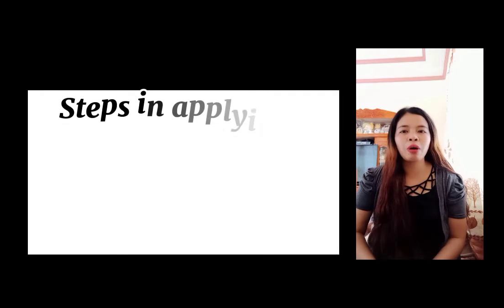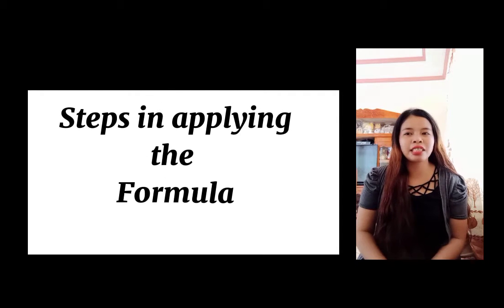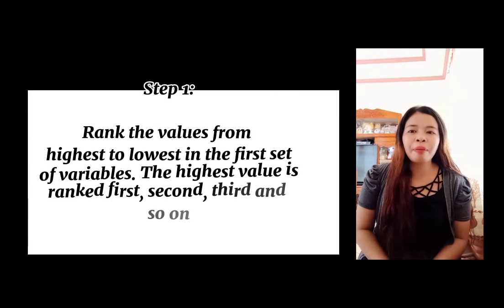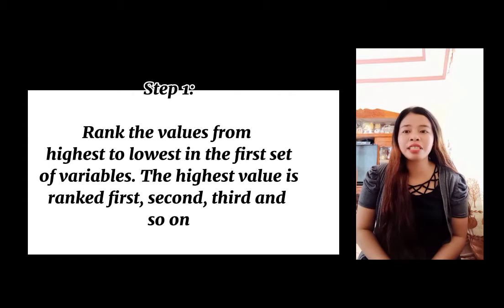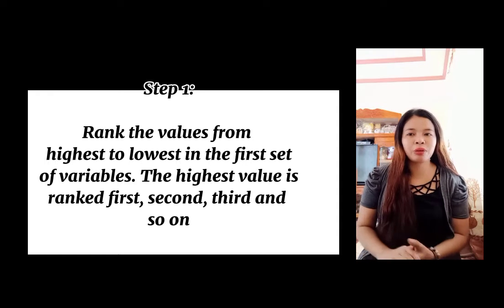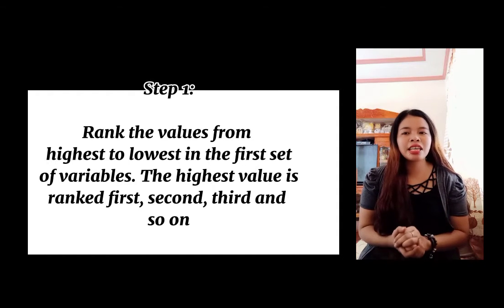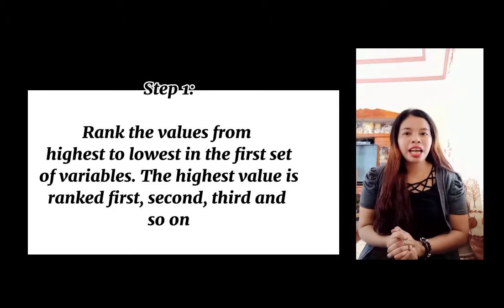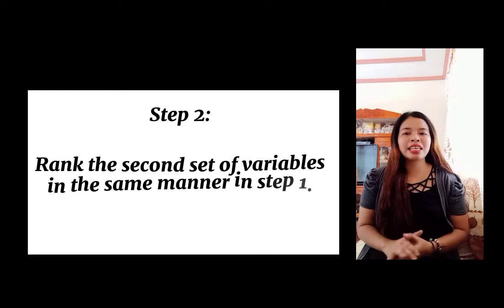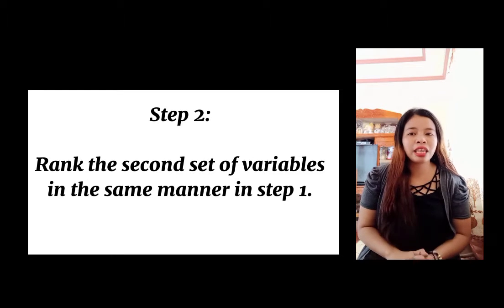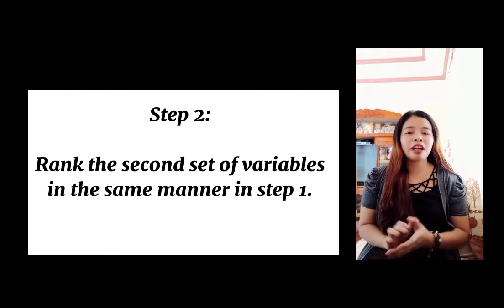So to apply the formula, let us know what the steps are. Step 1, rank the values from highest to lowest in the first set of variables, and the highest value is ranked first, second, third, and so on. Step 2 is rank the second set of variables in the same manner as in step 1.